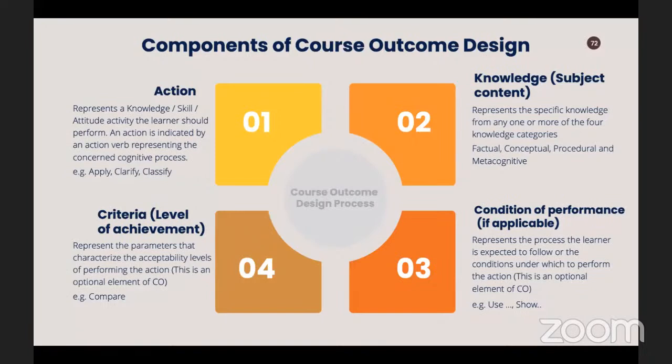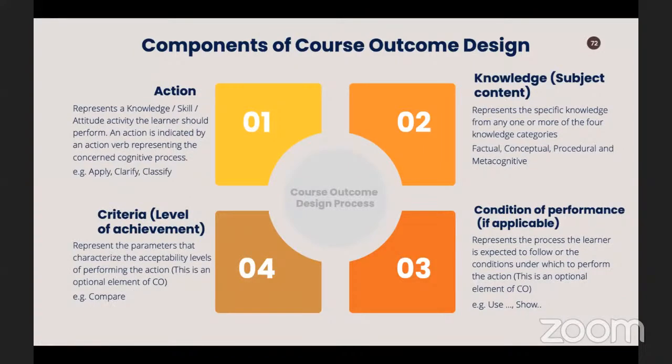You want to compare and critique the achievements of the 2 groups. If that is a criteria of their achievements, then you can also define that in your course outcome statement. From where is this coming? Again, this is coming from the desired level of cognition. So the last 2 components come from the desired level of cognition, and the first 2 are already defined by us as action and the knowledge part of the content that you are going to cover.